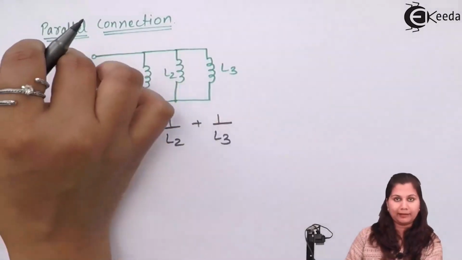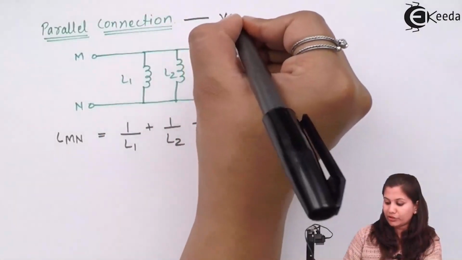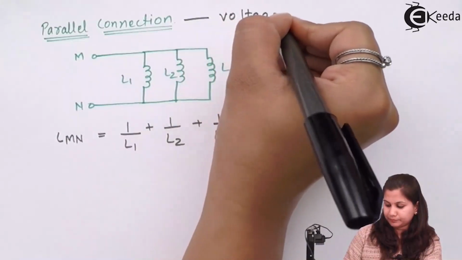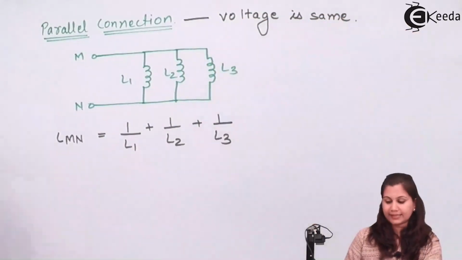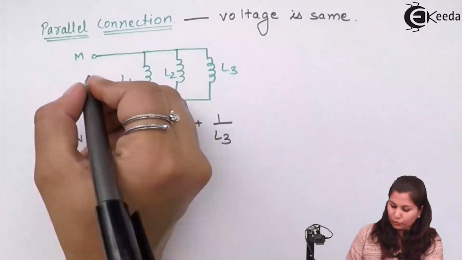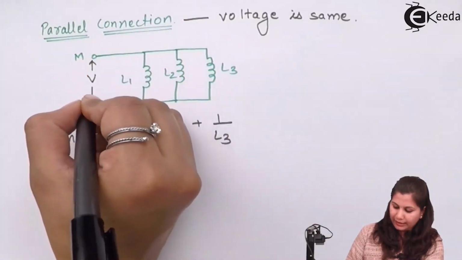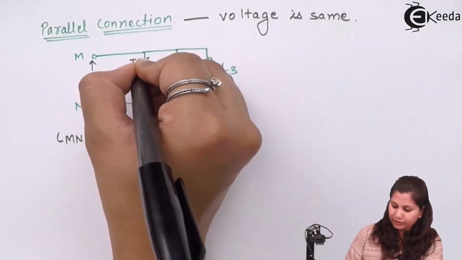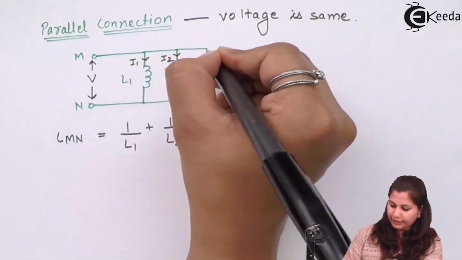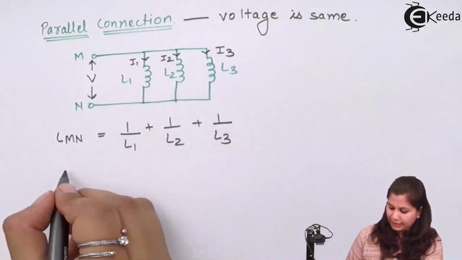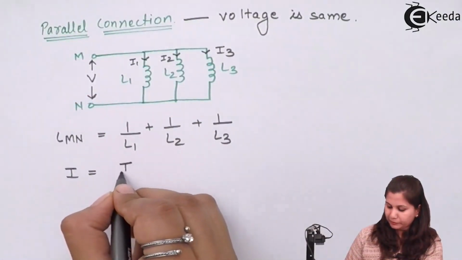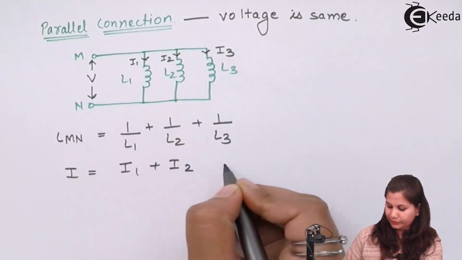We know that in the parallel connection, the voltage remains the same, whereas the current is divided. So voltage is V and currents are I1, I2 and I3, and the total current I equals I1 plus I2 plus I3.